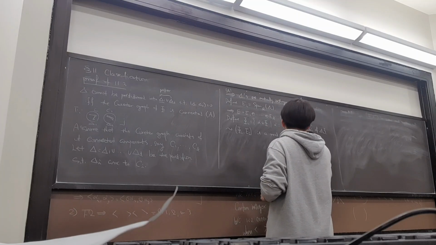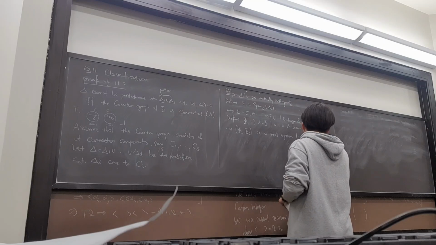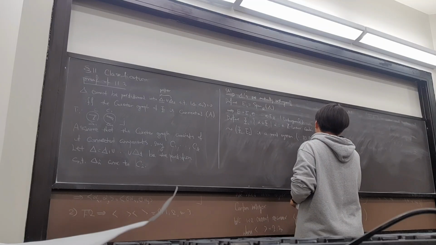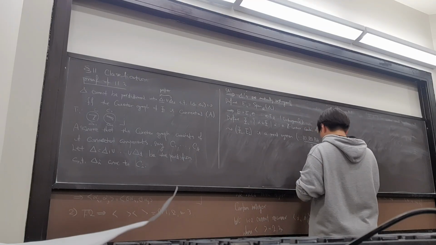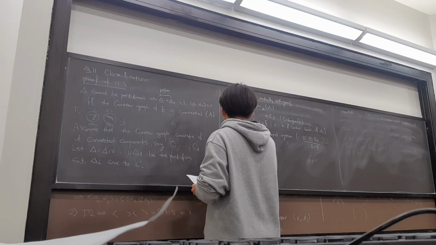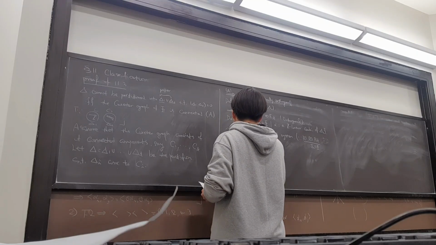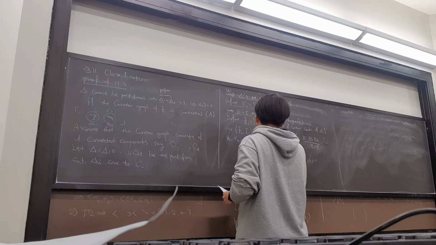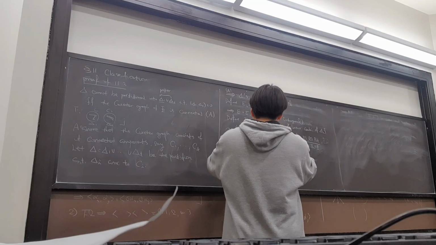But it's very easy to check. The R1, R2, R4 conditions are very easy to check because pi i is contained in pi, and by the definition, pi i is easy. And R3 says that for any alpha and beta in pi i, sigma alpha of beta should be contained in pi i.